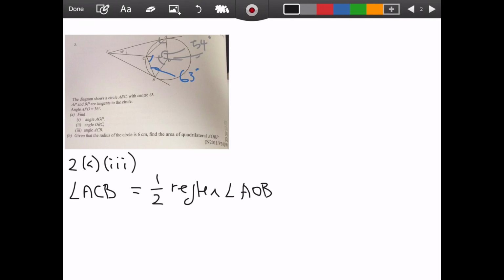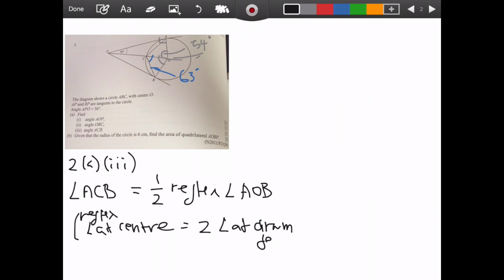This is just the property of circles, which is that the reflex angle at the center is equal to 2 times the angle at the circumference. So this is just the property of the circle.